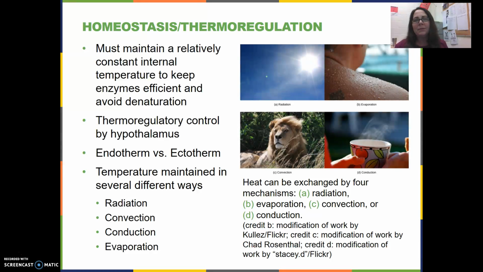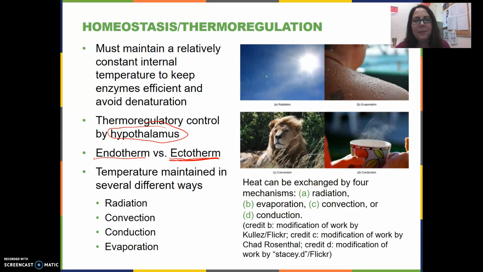Maintaining body temperature, whether the animal is endothermic or warm-blooded, or ectothermic, which we call cold-blooded a lot of times. The thermostat, at least in most vertebrates, is the hypothalamus. It's definitely the thermostat in humans.